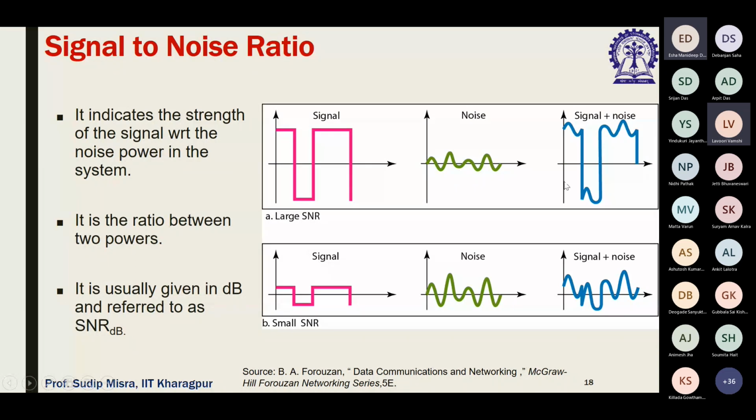And here you have another signal that is also getting affected by noise, and this is how the signal plus noise is going to look. This is just a visual representation. What we will be concerned about is not the visual representation but this ratio, S by N, signal strength by the noise. So average signal power by the average noise power is the signal to noise ratio.